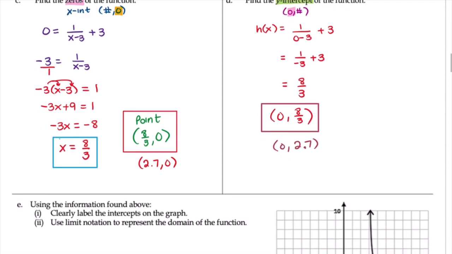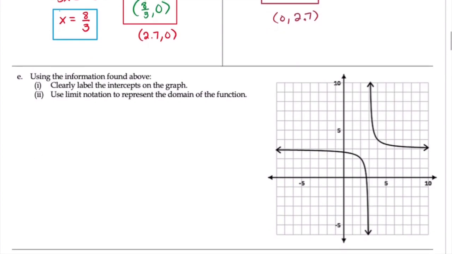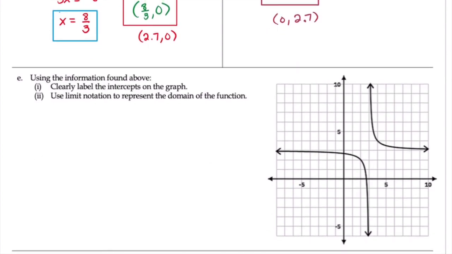All right, part E. Using the information found above, we want to clearly label the intercepts on the graph, which means the x and the y-intercept, and we want to use limit notation to represent the domain of this function. So we do have the x and y-intercept already. I am just going to label those points on my graph.